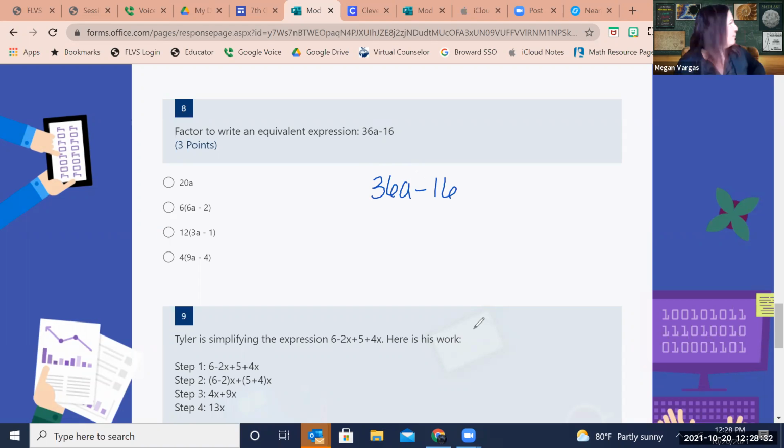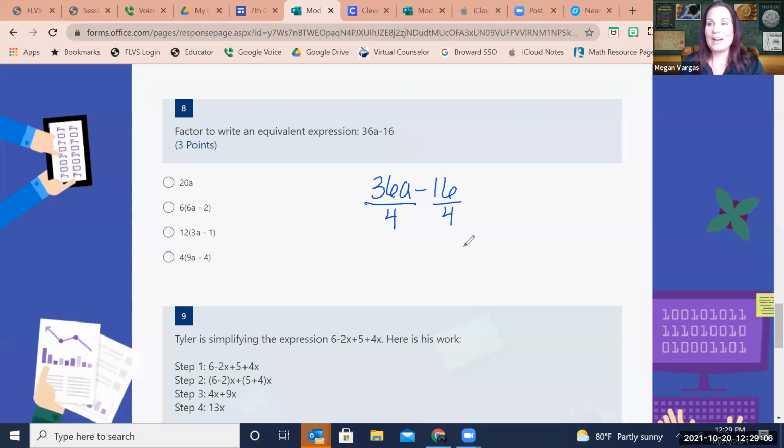Give me a number. 36 and 16 are both divisible by? What about 4? Yeah, 4 goes into both. So let's divide by 4, divide by 4.